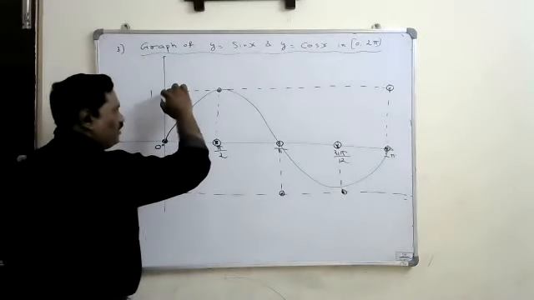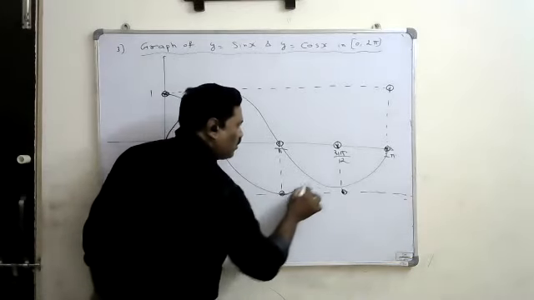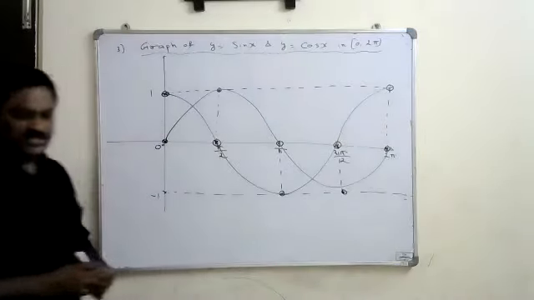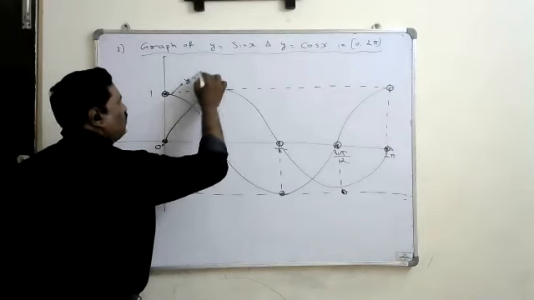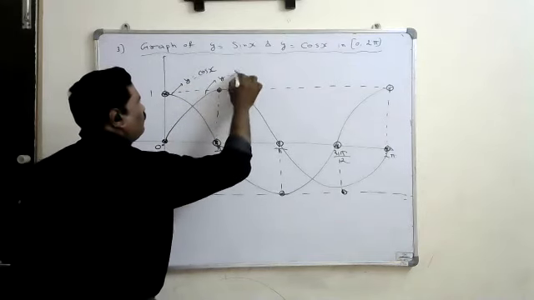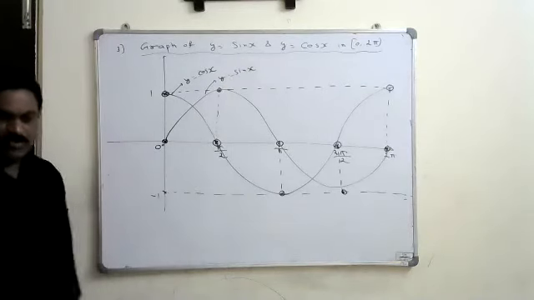Join that: start from here, goes to 0, again goes to minus 1, comes to 0, again goes to plus 1. So this is the graph of cos x. This is y is equal to cos x graph, and this is y is equal to sin x graph.